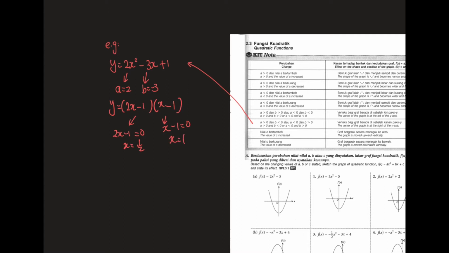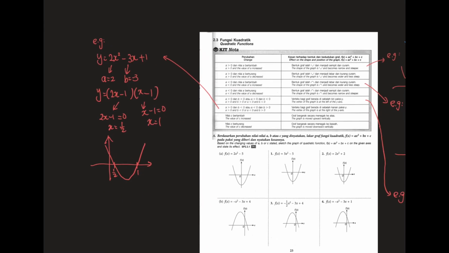So from here we get the 2 x-intercepts. Now I sketch the graph. So the graph is going to be like this, where here is half, here is 1. Okay, so then it fulfills the information here. The vertex is at the right. So this is the vertex. It's at the right hand side of the y-axis.